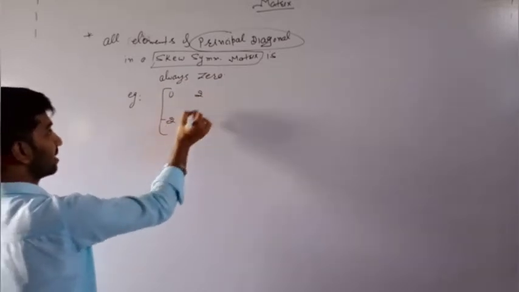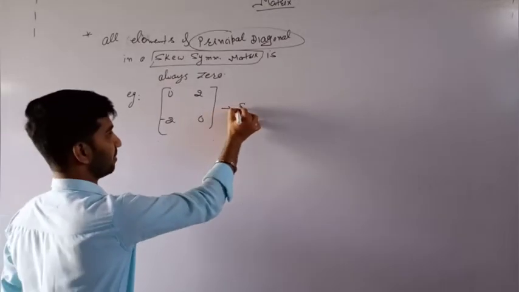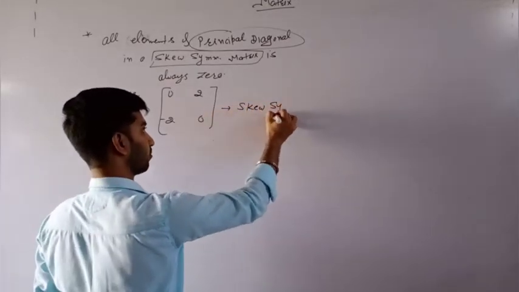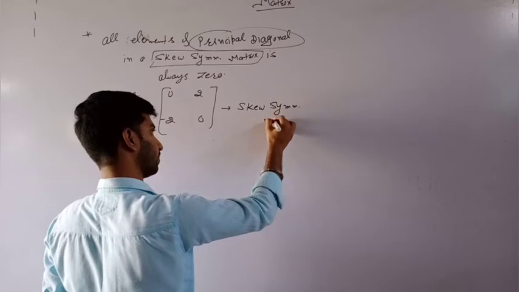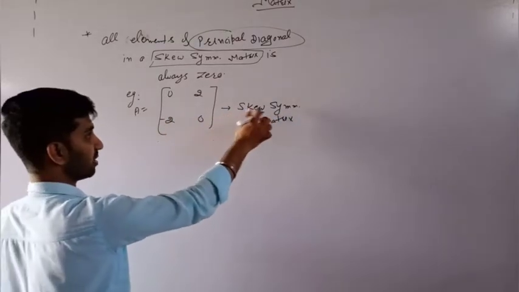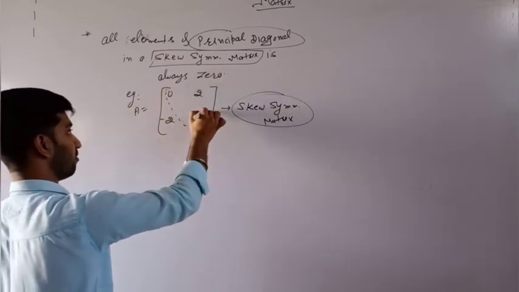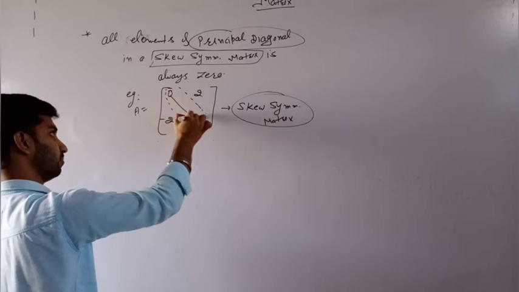We have discussed this example in this video, that it is a skew symmetric matrix, so all the elements of the principal diagonal are 0.